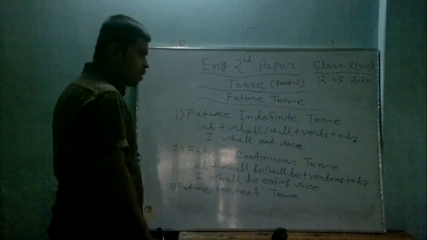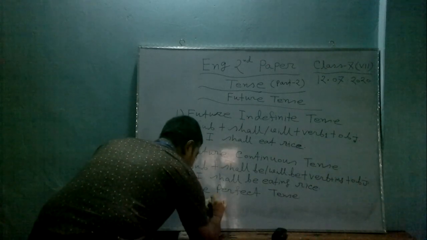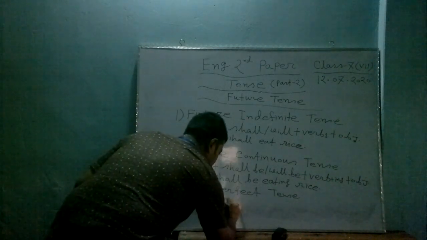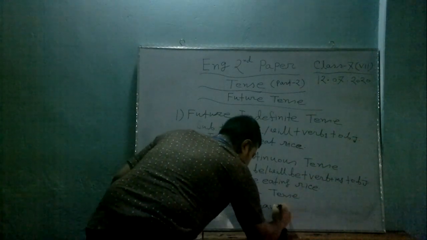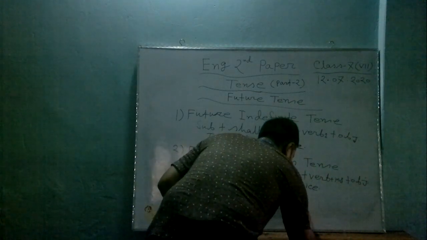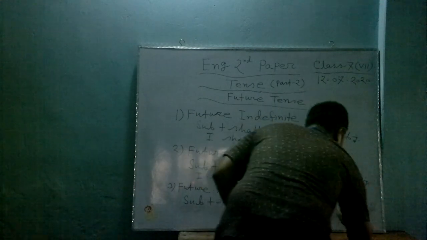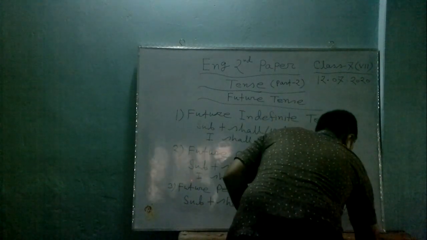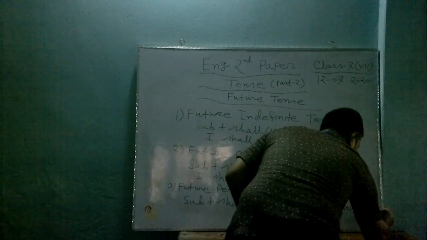Now we go to the future perfect tense. The structure will be subject plus shall have/will have plus verb 3 plus object.